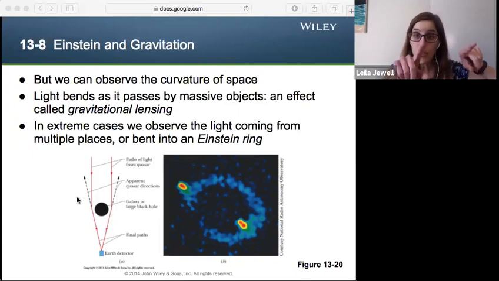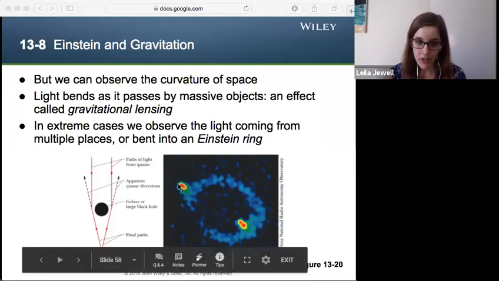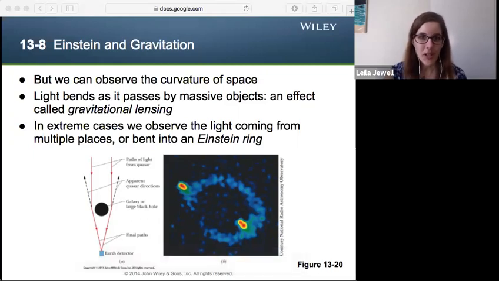It appears to be coming from two places on either side of it. And that's what shows up in this image, right? Where instead of having the quasar right at the middle, we're seeing two spots and even a ring around. So the light has bent around this massive object. And that's really cool that we can see that space-time is curved by the effect of having massive objects there.